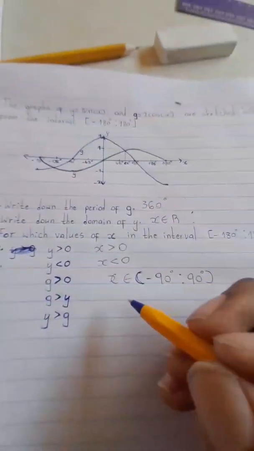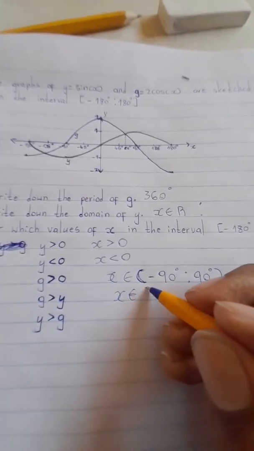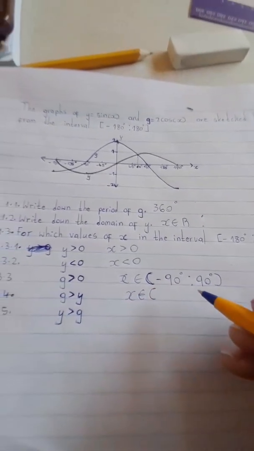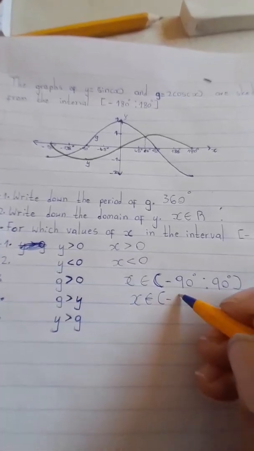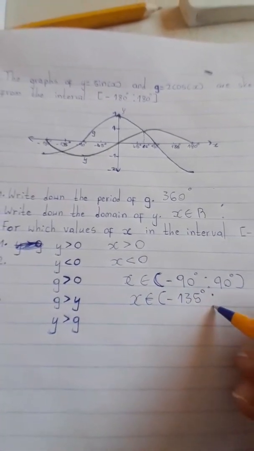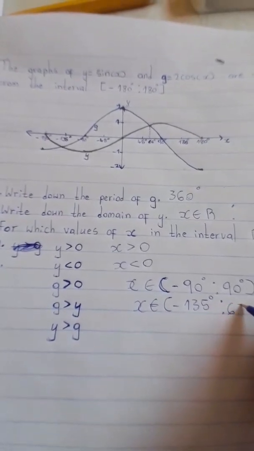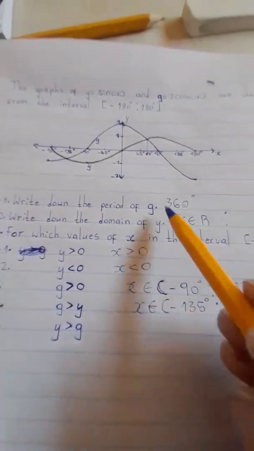So we can say x is an element of, again I'm using round brackets, negative 135 degrees to 65 degrees there. This is 65 degrees here.